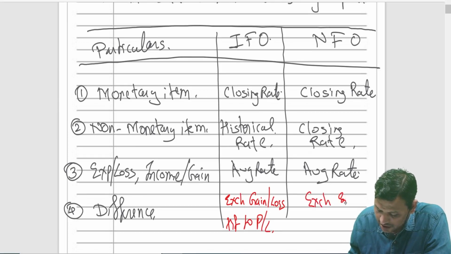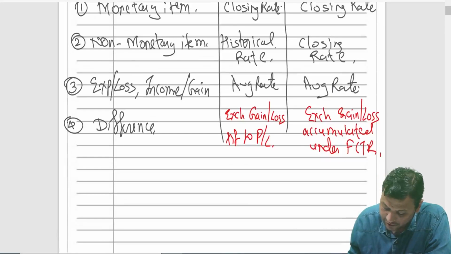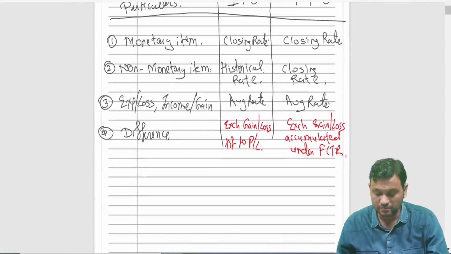For NFO, your exchange gain or loss is accumulated under FCTR, foreign currency translation reserve.